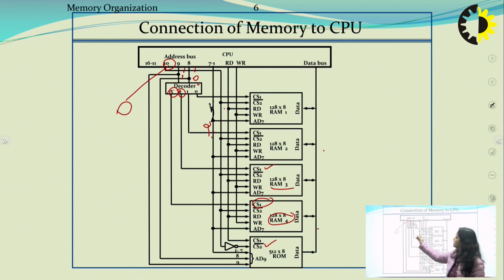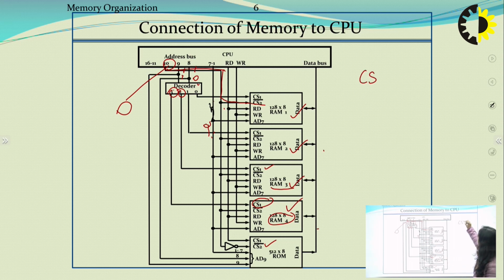This line for bit number 10 will be going to chip select 2. Chip select 2 bar means when its value is 0, a 0 will be inserted in RAM 1, RAM 2, RAM 3 as well as RAM 4. So the value of chip select 2 bar is equal to 0 for RAM 1, 2, 3 and 4.